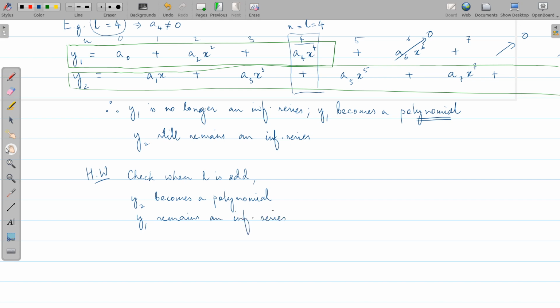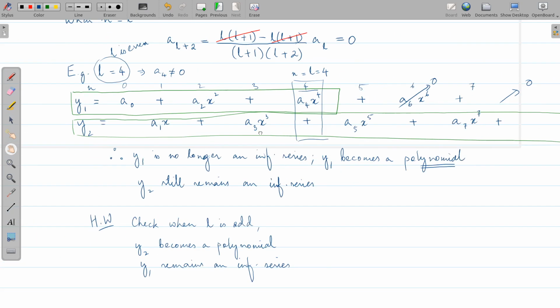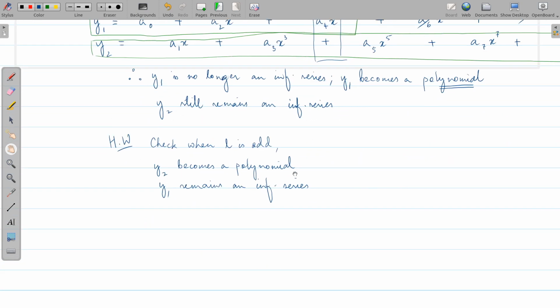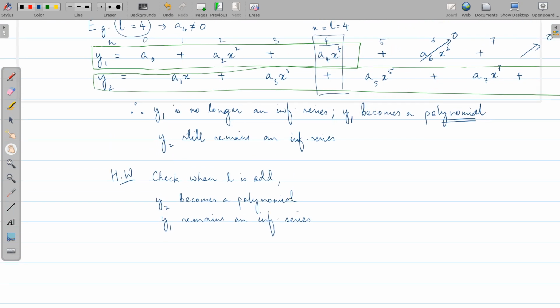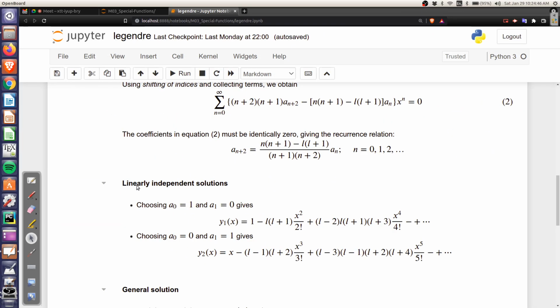Just try it out. Instead of L equal to 4, let's say you take L equal to 5. You can verify for yourself. You will find that y2 now becomes a polynomial and y1 remains an infinite series. So this is what happens. This is the special case that we are interested in.